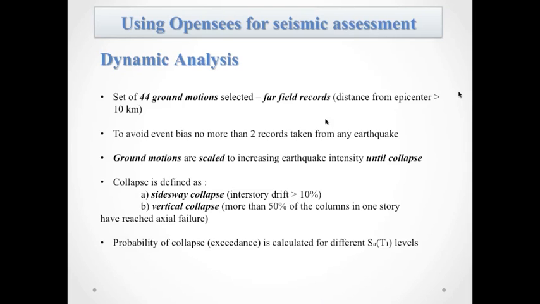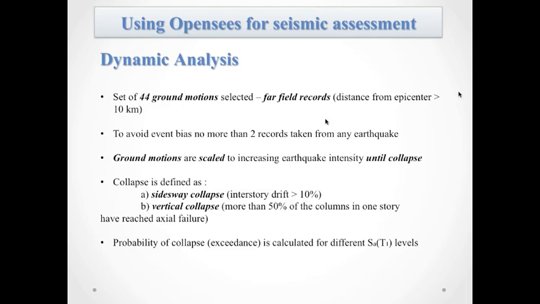Regarding the dynamic analysis, a set of 44 ground motions was selected. This corresponds to far-field records. And this is the same database that the FEMA P695 project used. We selected the same ground motions so that we are consistent with this study. This study corresponded to new buildings, so we hope that this would be helpful in terms of comparison.